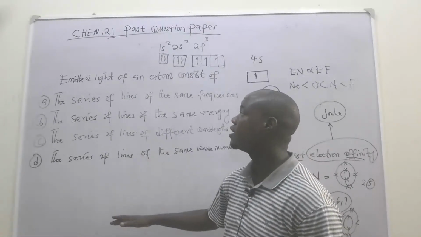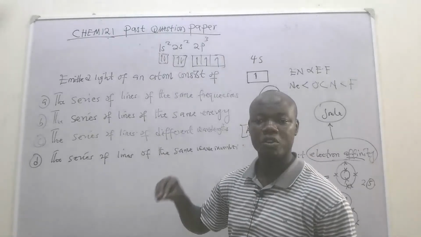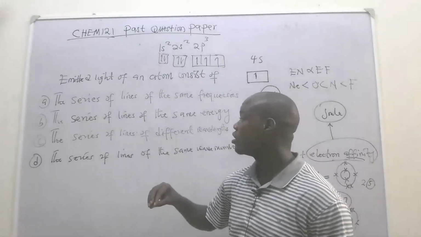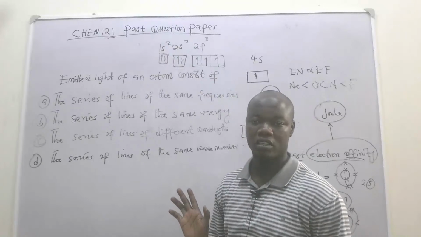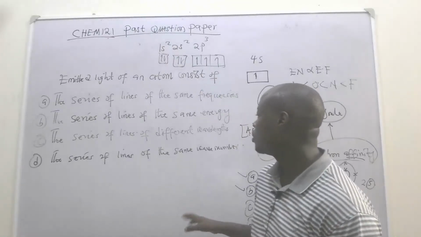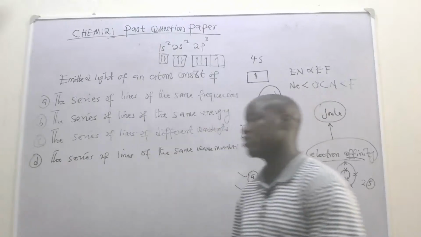That is why you can use that in chemistry for identification of different elements. So therefore the answer to this question is option C.